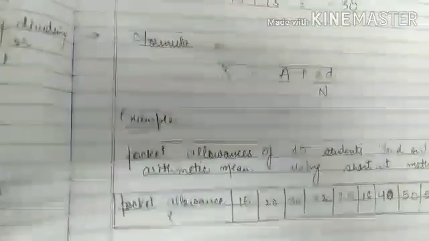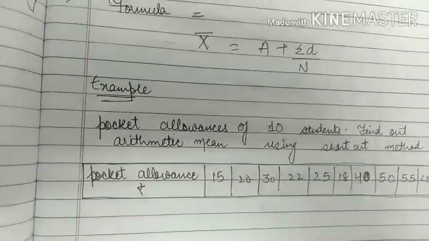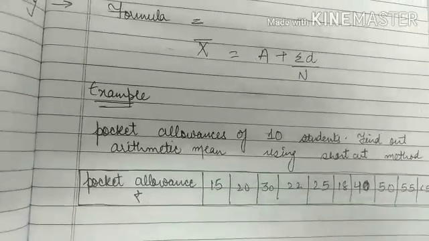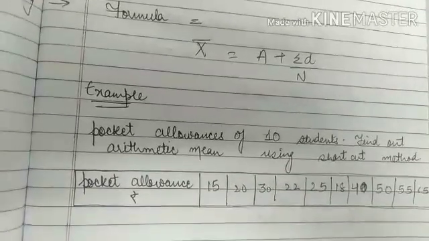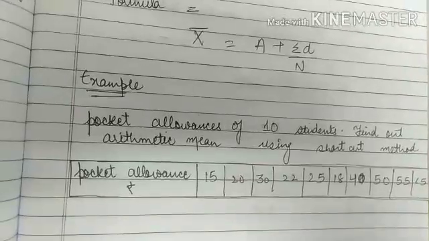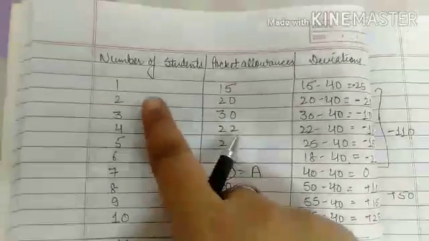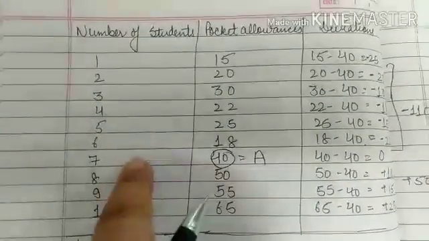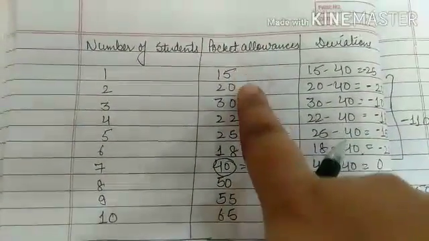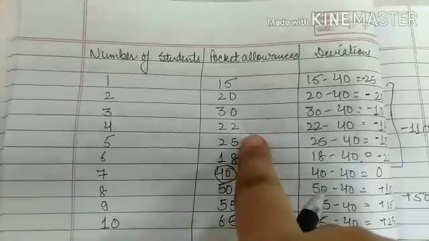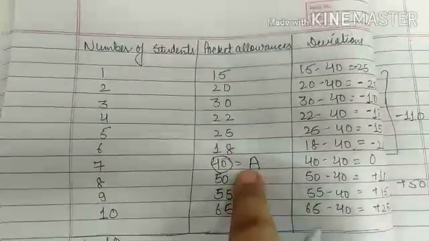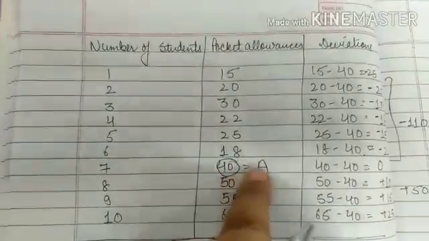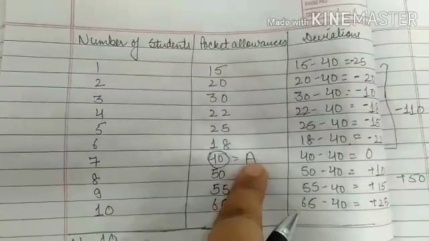Now I am taking an example. Pocket allowances of 10 students are given and we have to calculate the arithmetic mean using the shortcut method. There are 10 students. The pocket allowances are 15, 20, 30, 22, 25, 50, 18, 40, 50, 55, 65, and we have considered 40 as our assumed average.